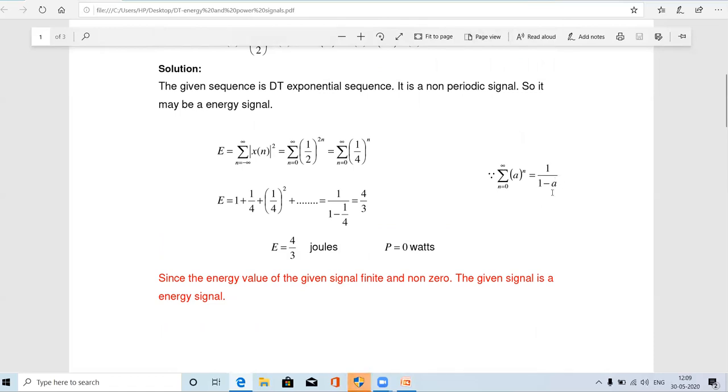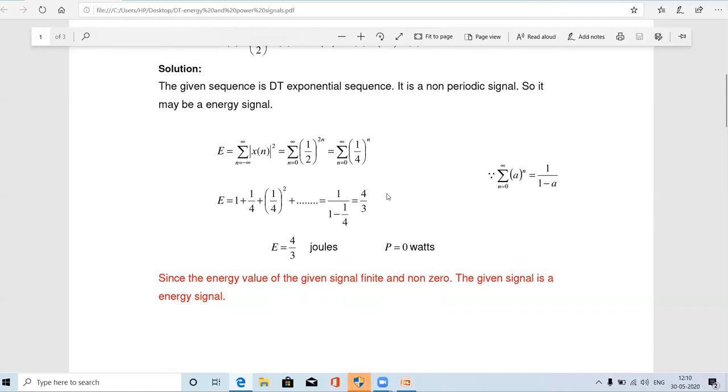Now you compare these two formulas. In the place of a, 1 by 4 is there. So the answer is 1 divided by 1 minus 1 by 4. Here 1 minus 1 by 4 is 3 by 4. So 1 divided by 3 by 4 is 4 by 3.